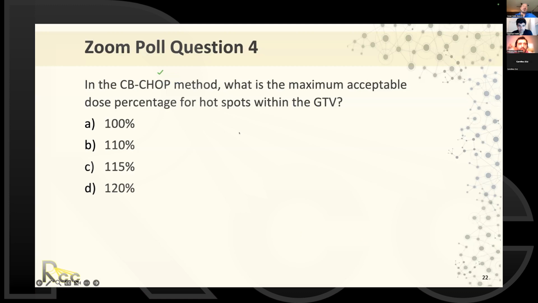So we do not go through conformity indices. We go through the isodose distribution. We look at how they cover, and the DVH, 95% covering the targets, and the hotspot 115.